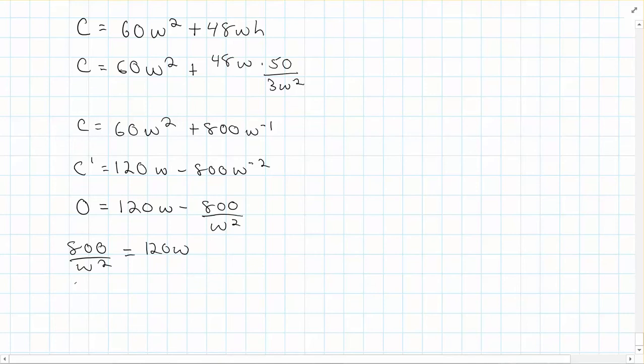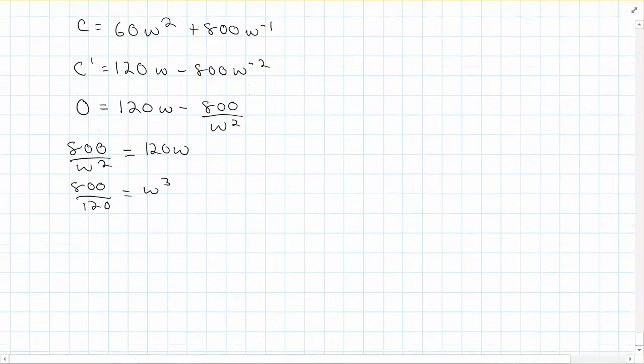So we could write this as 800 over 120 is equal to W cubed. Nice thing about cubes is there's only one answer. So W is equal to the cube root of 800 over 120.